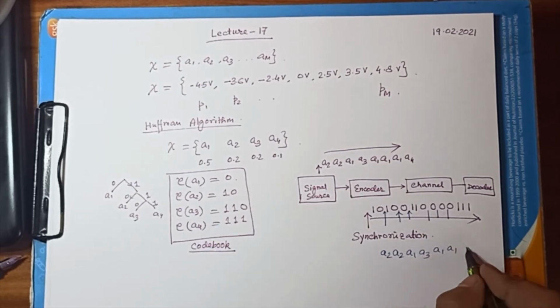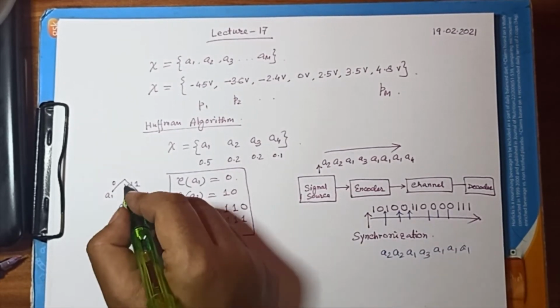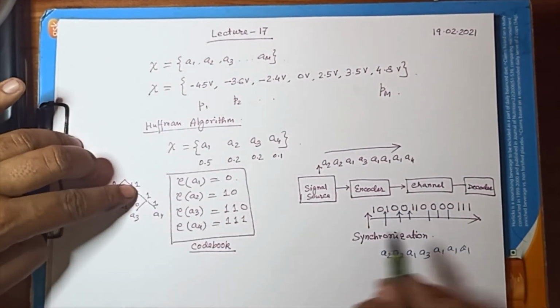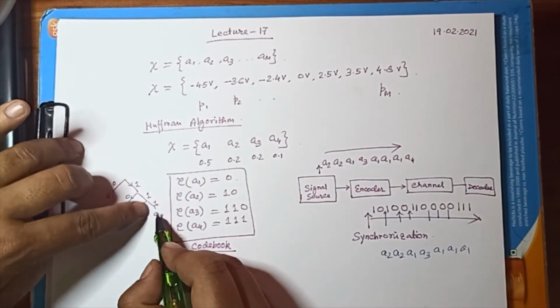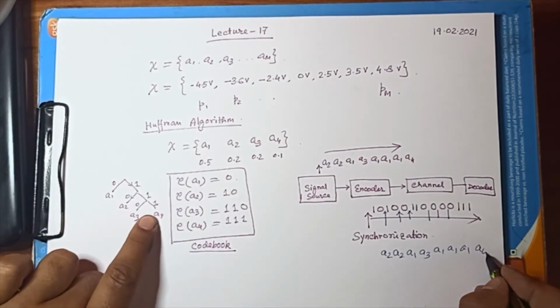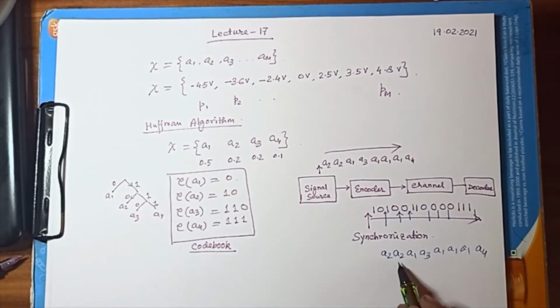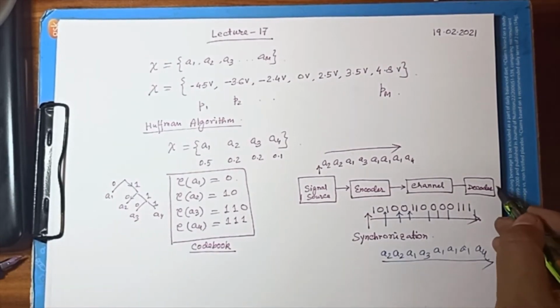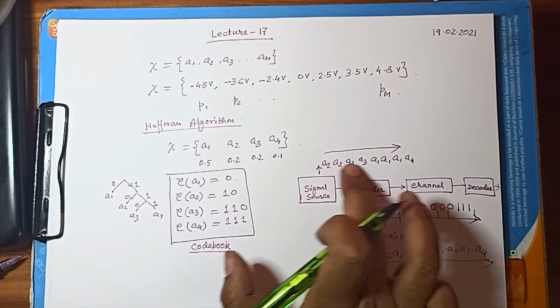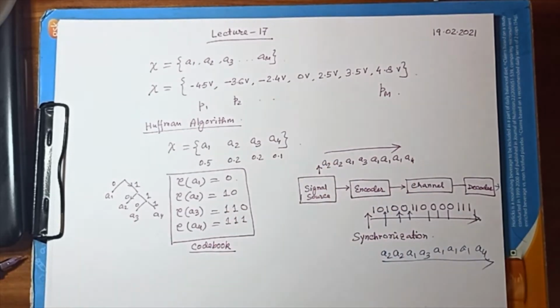Next again 0, A1. Next 1, 1 here, then another one here, another one here, A4. So you see this sequence is received after the decoder, and this is exactly the same as what has been sent from the signal source after the quantizer. So that is A3, A2, A1, A3, A1, A1, A1, A4.